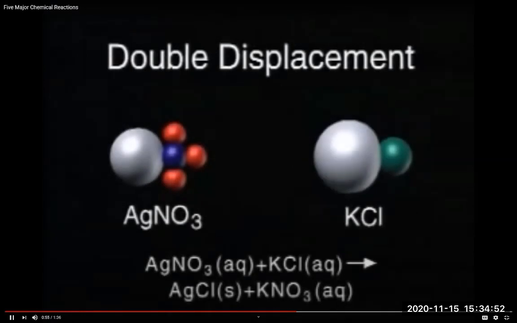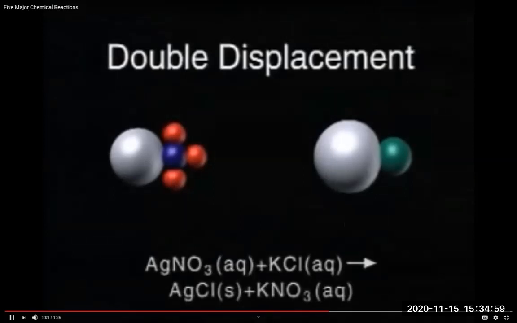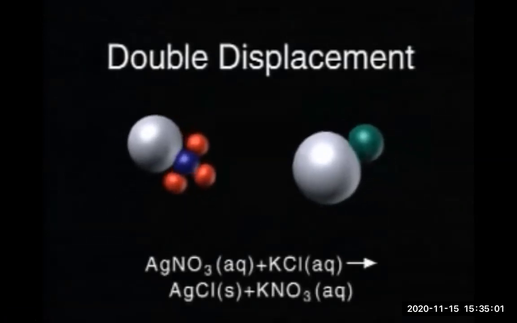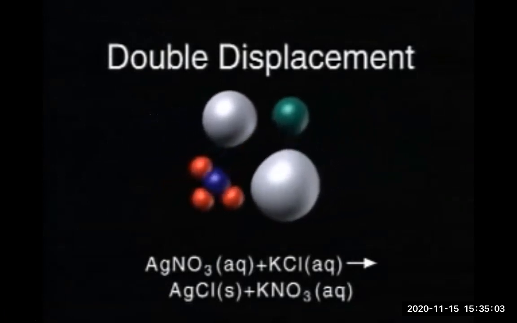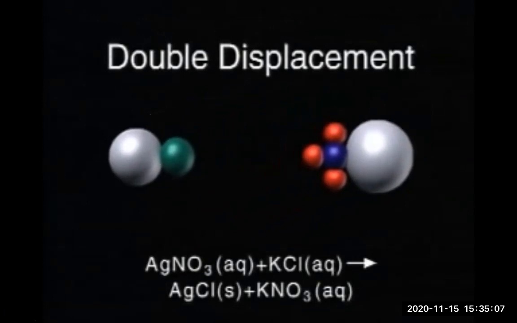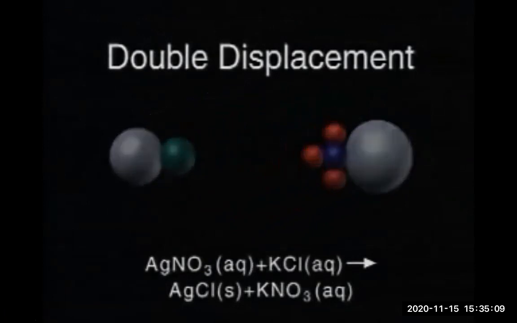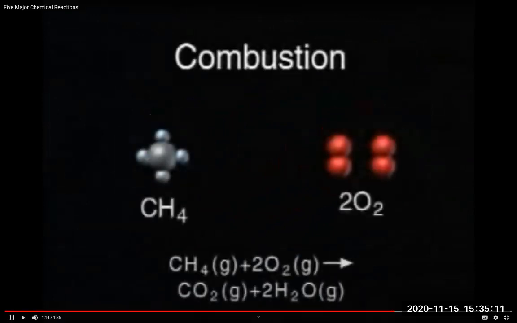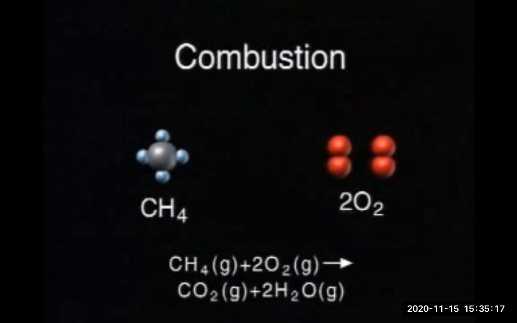In a double displacement reaction, the positive and negative portions of 2 ionic compounds interchange. A combustion reaction occurs when a substance rapidly combines with oxygen to form 1 or more oxides and releases energy.